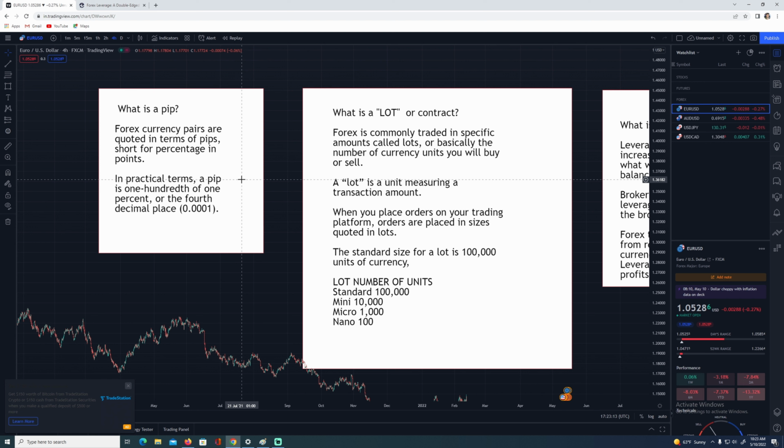So basically you have to buy one standard lot and then 3 mini lots, 1.3. So that way you're risking the same $100. You're getting a lot more units of the second pair, but in dollars you're risking the same amount. I hope that makes sense.